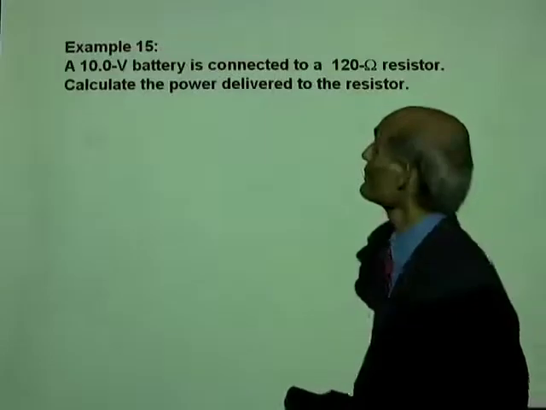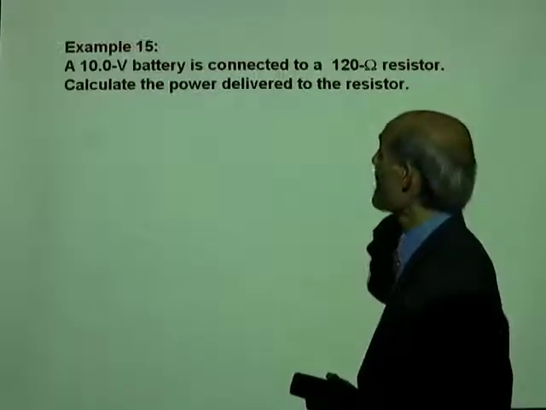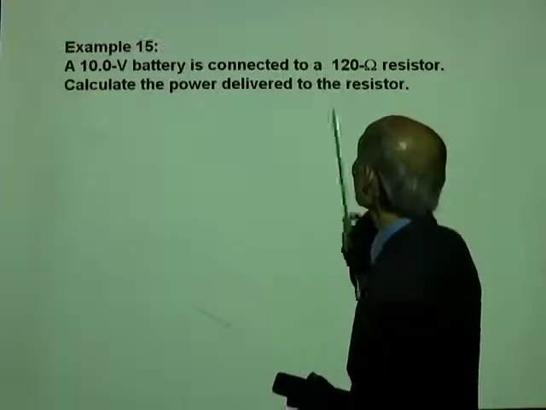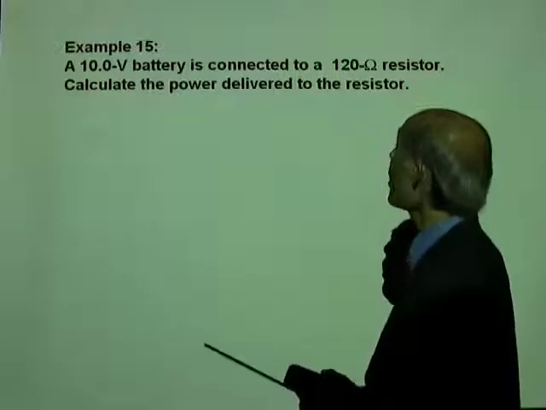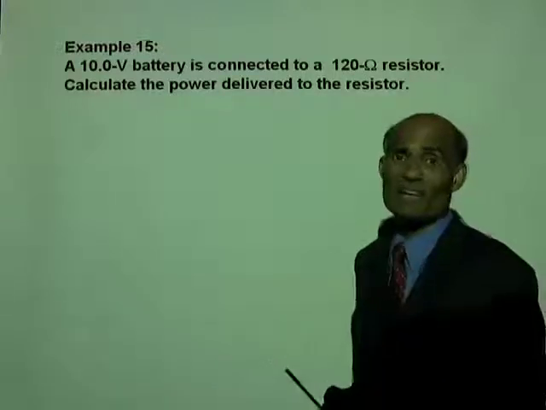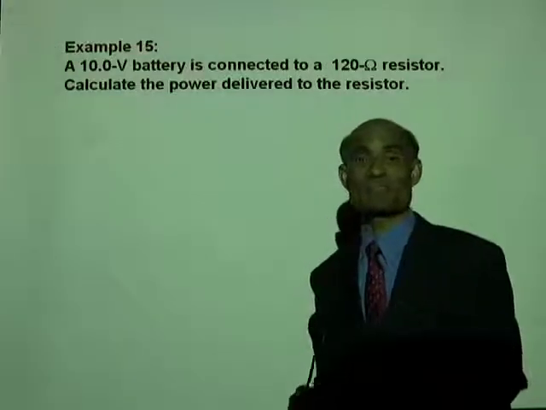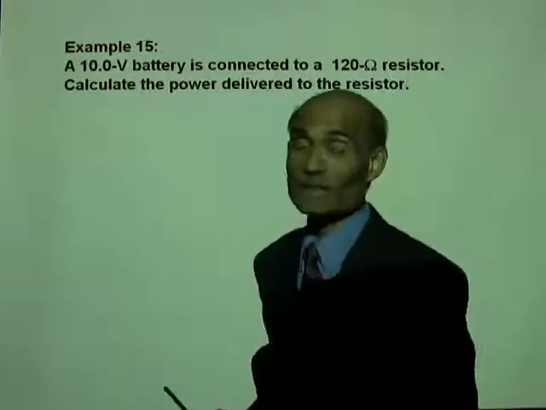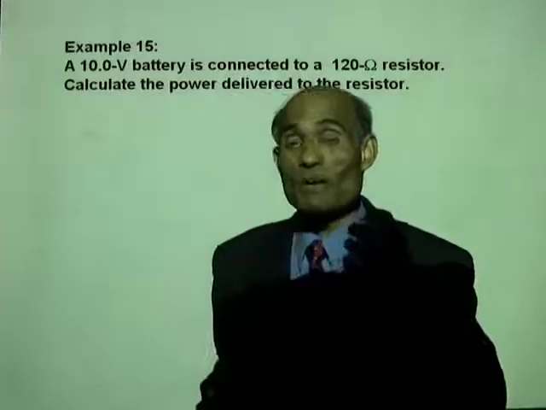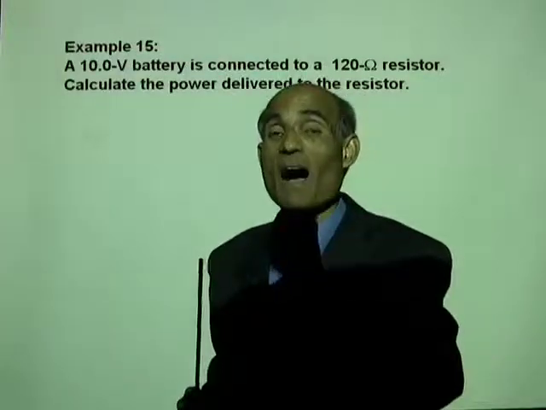Next example. A 10 volt battery is connected to a 120 ohm resistor. Calculate the power delivered to the resistor. Well, you know the power equal to VI.